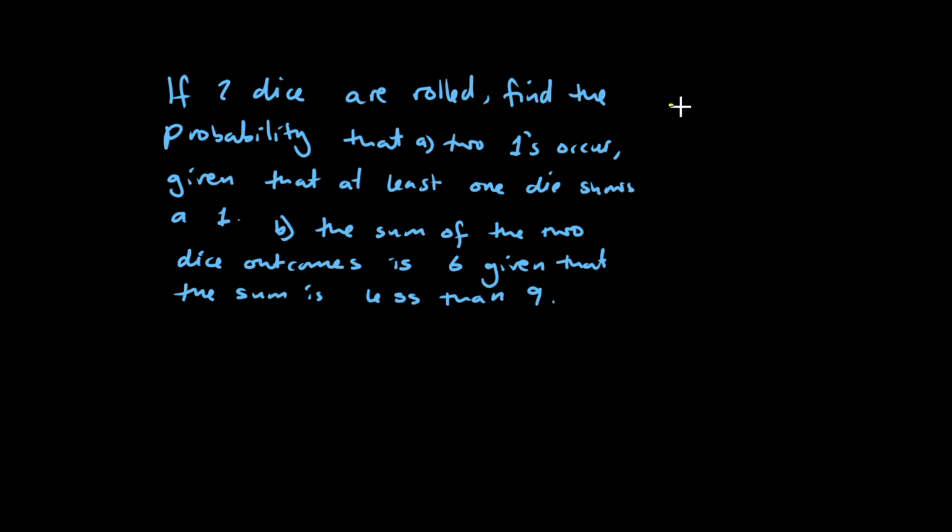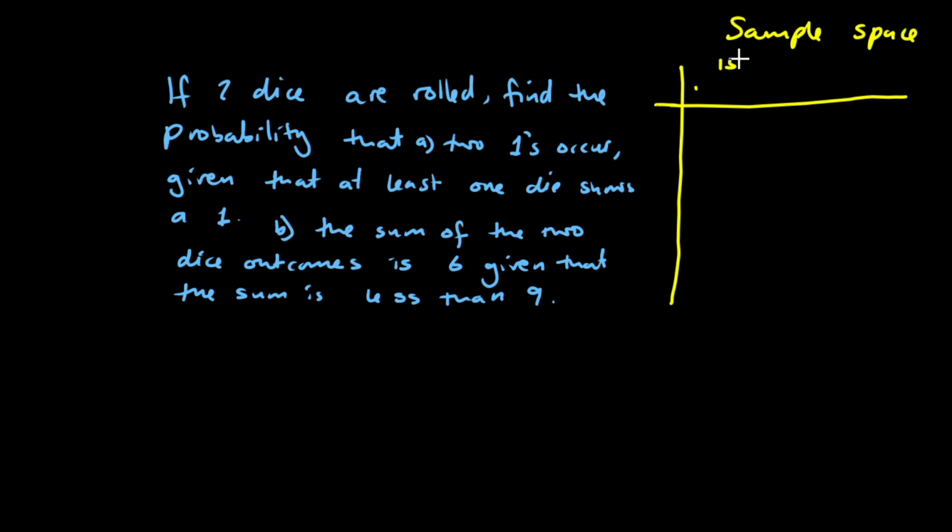So let's say we roll our dice. Let me write the sample space here. The sample space is all possible values that I may have. The first die has possibilities 1, 2, 3, 4, 5, and 6.